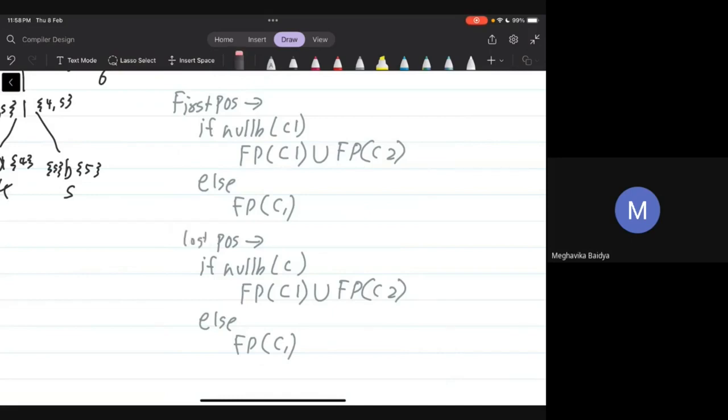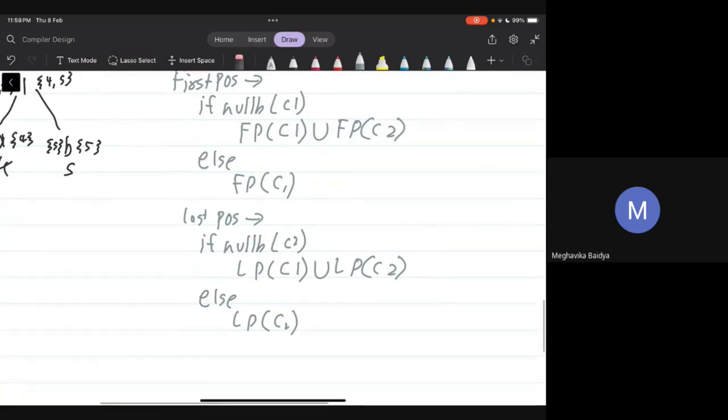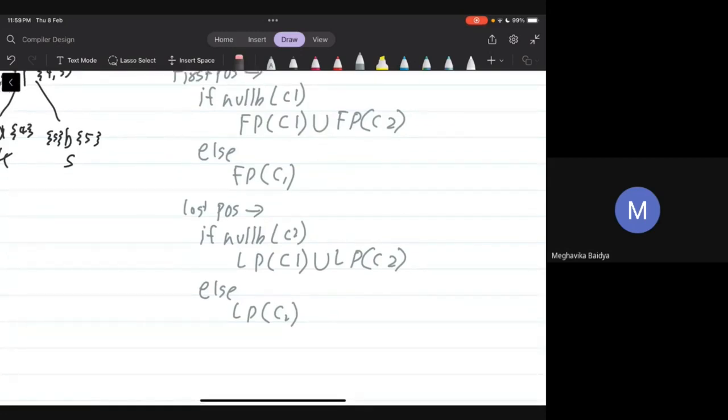So if nullability of C2, then LP of C1 union LP of C2, otherwise LP of C2.